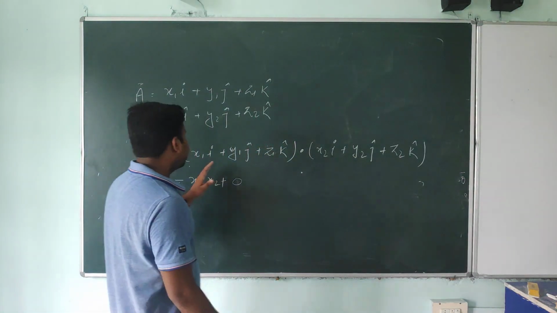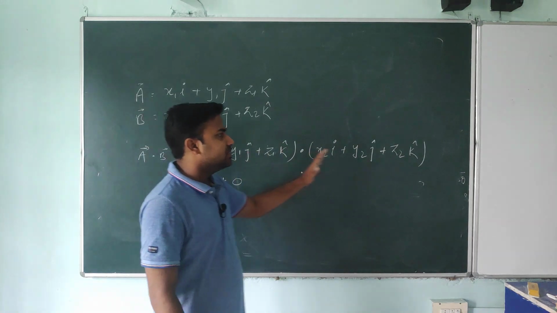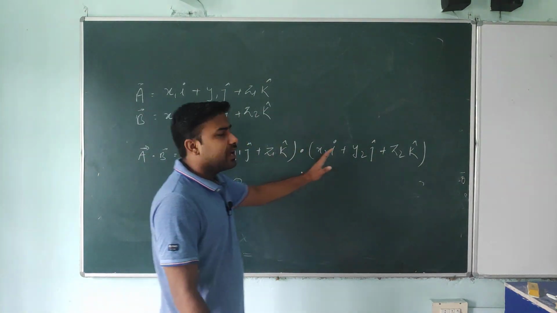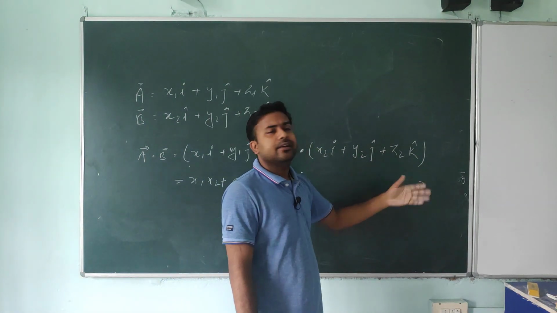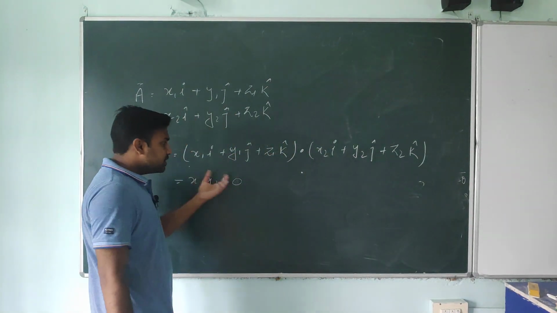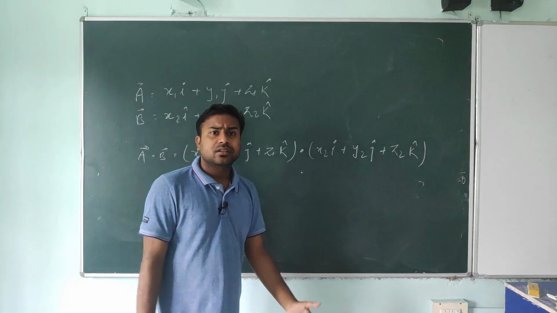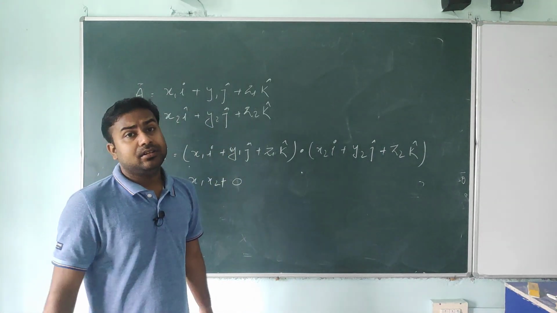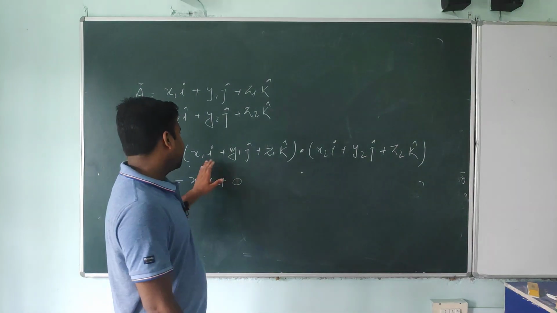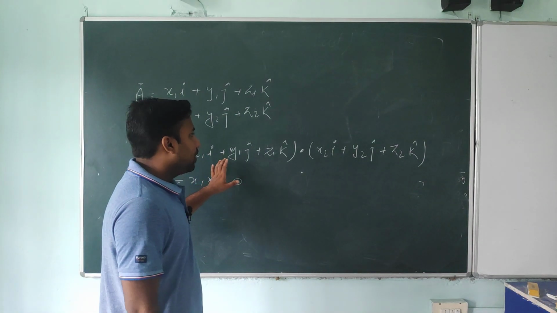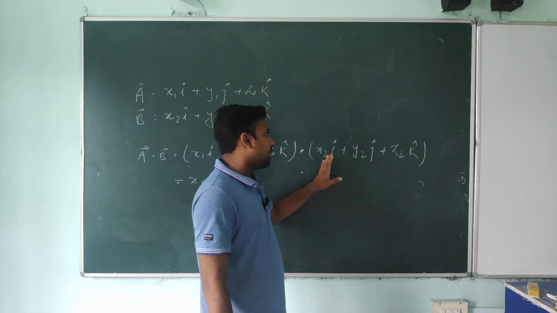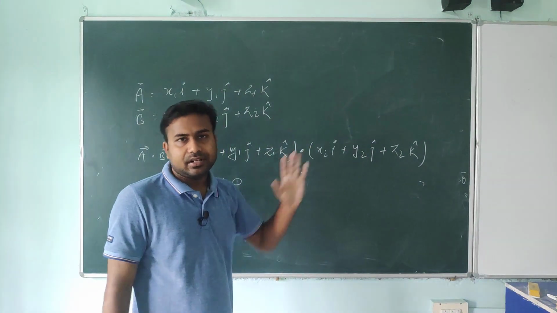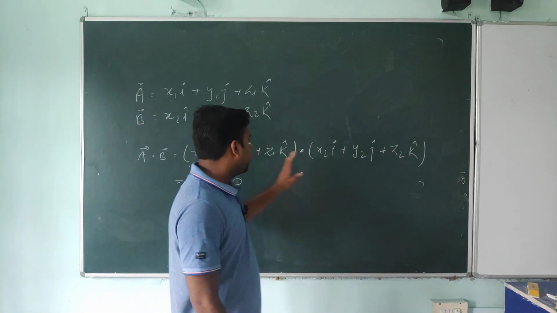Look at this. If you are doing a dot product between i and j, i and k, what will you get? 0. j and i, j and k, you will get 0. It means the only quantities you will get are those with same direction unit vectors. Like if you are doing dot product between i cap and i cap, you get that quantity, and j cap and j cap, k cap and k cap.